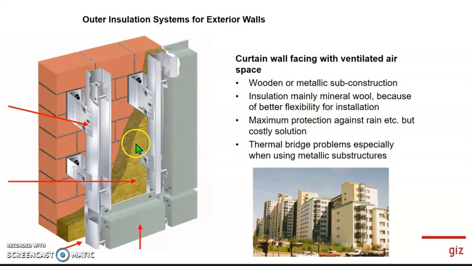This one most of the time is mineral wool because of the better flexibility of insulation, and it's a little bit of a costly solution, but you can actually make a nice facade on your building. However, and that I think is critical here also, your thermal bridge problems, especially when using metallic substructures, particularly this one. You bridge the insulation here.